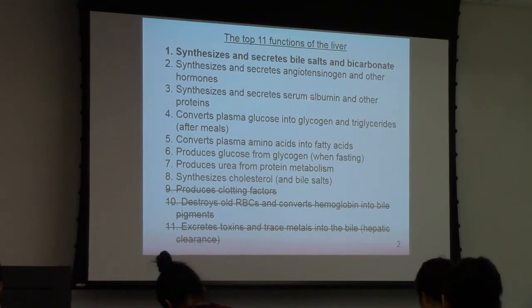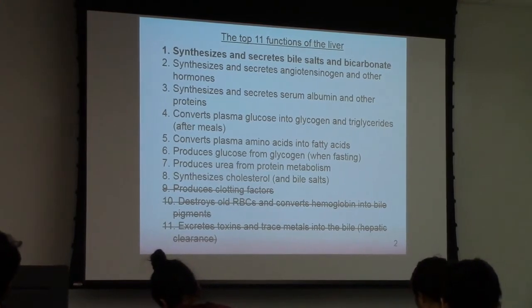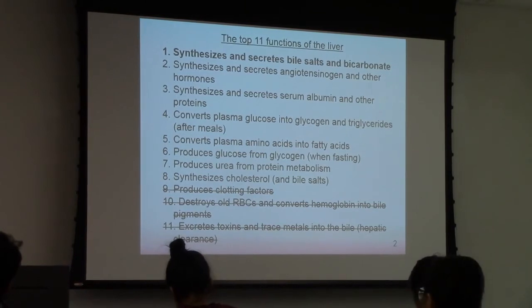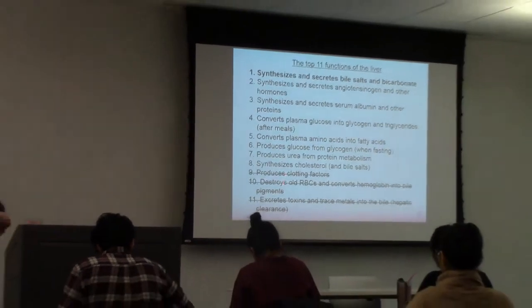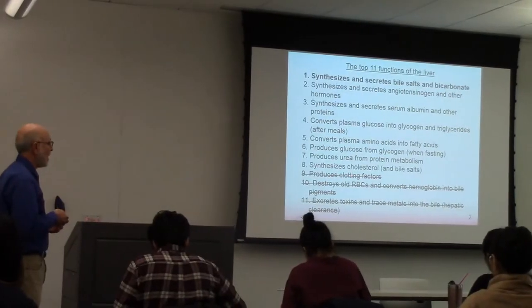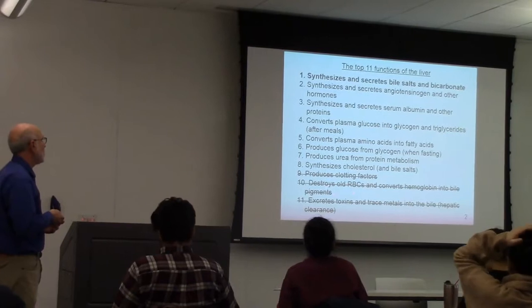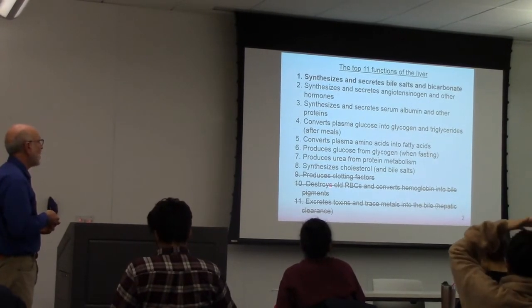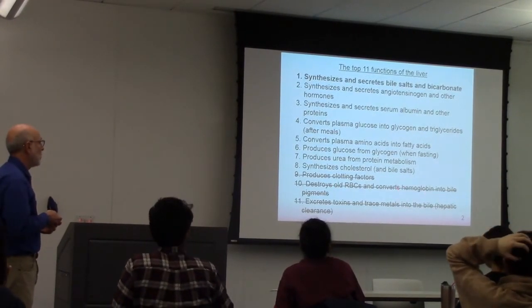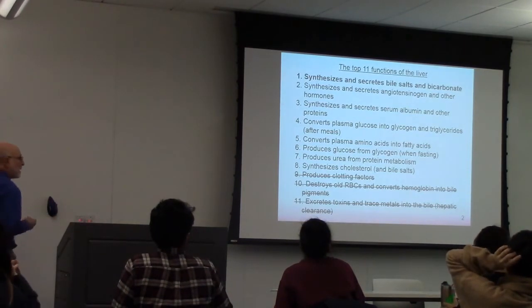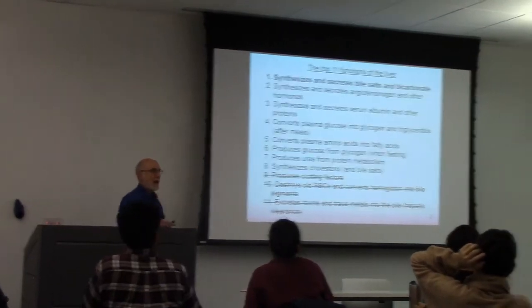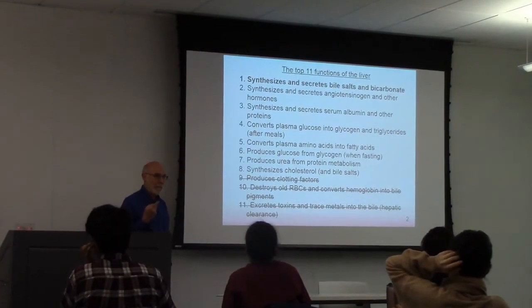We've talked about serum albumin, we've talked about angiotensinogen, we've talked about urea. Cholesterol is an important part of the structure of membranes. And then there are some other things that I've crossed out that we don't even talk about: clotting factors, destruction of red blood cells and converting hemoglobin into bile pigments, and excretion of toxins and trace metals as hepatic clearance.